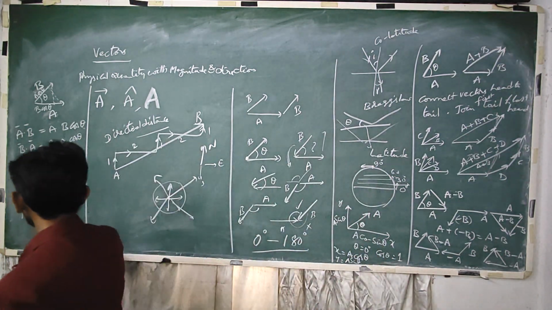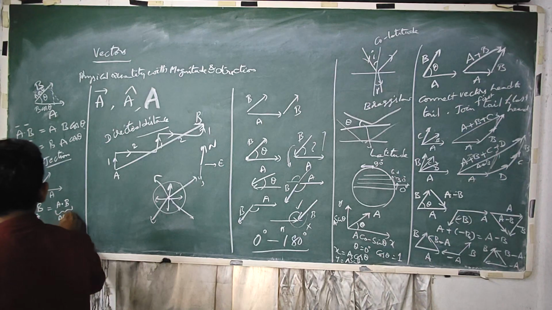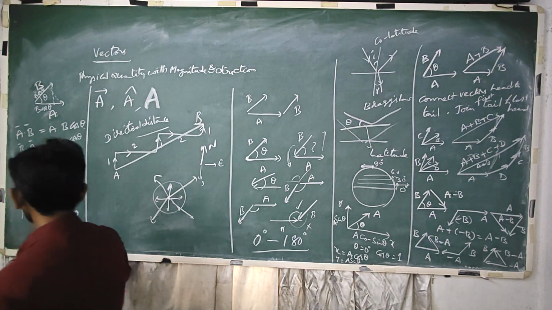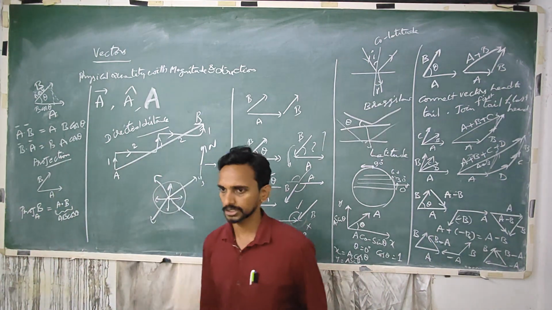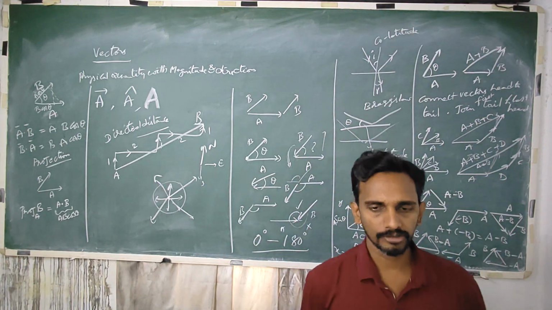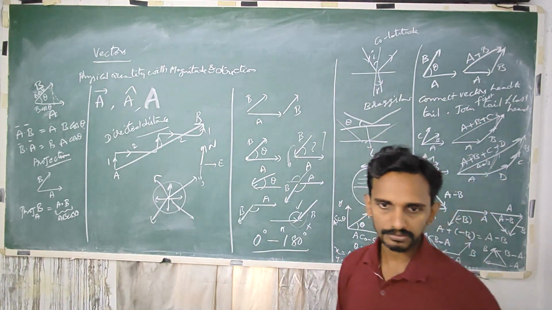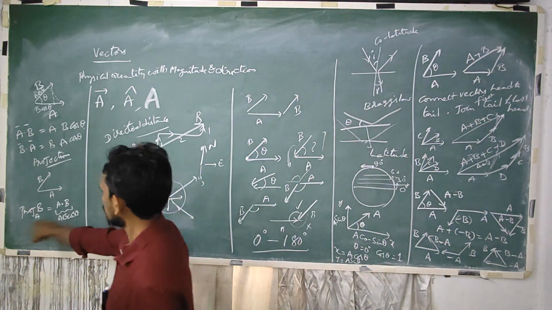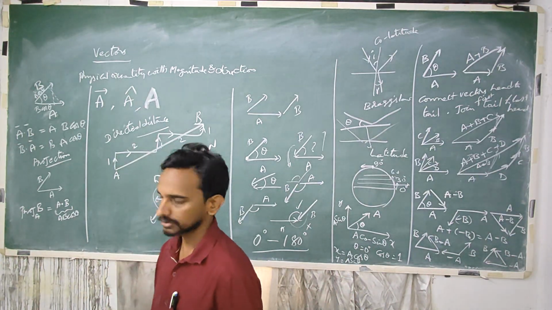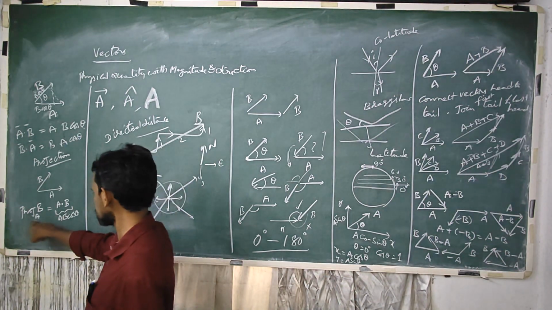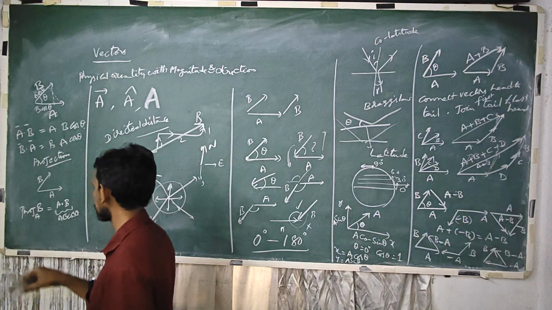It is AB cos theta. You get the magnitude of the projection, and then you have to assign a direction to that. The direction is along A, since by definition it is a projection of B along A.